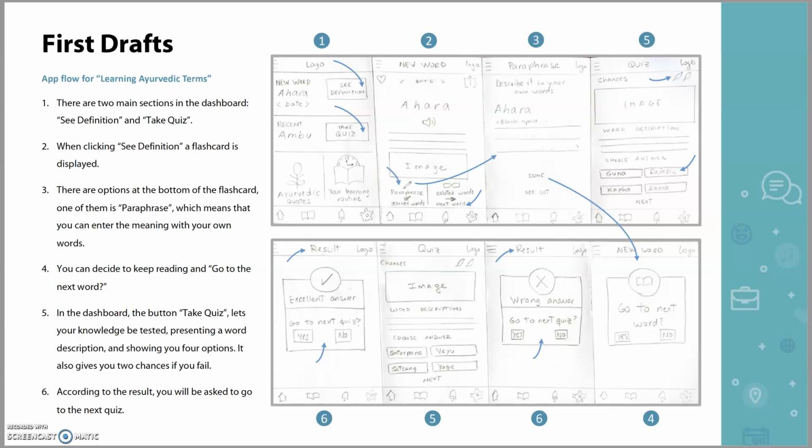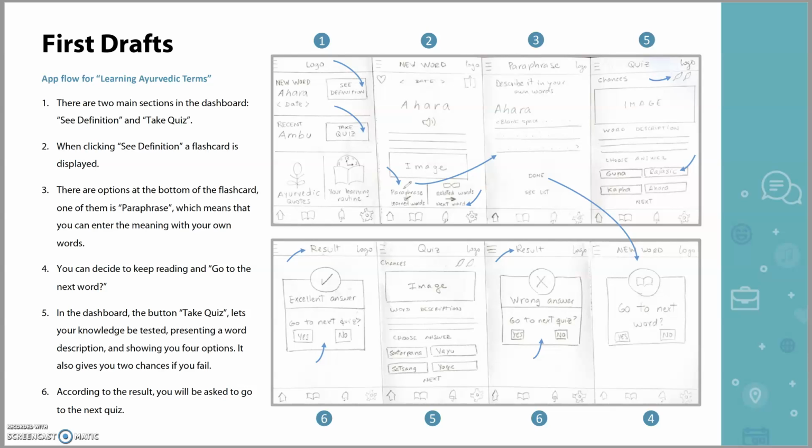This is the flow for learning Ayurvedic terms. As you can see in picture 1, there are two main sections in the dashboard: see definition and take quiz. If you click on see definition, you see a flashcard that shows the word, the pronunciation, and the meaning.